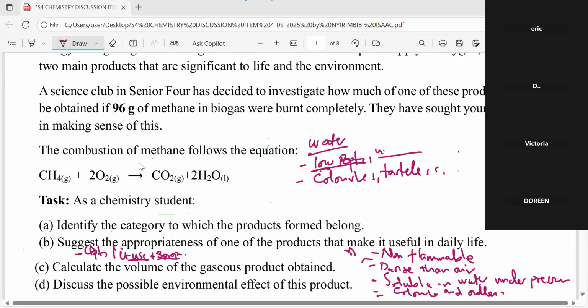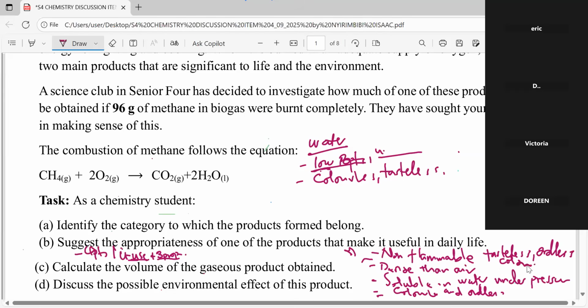Carbon dioxide does not support burning, therefore it is used in fire extinguishers to put out fire. Carbon dioxide is tasteless. Carbon dioxide is odorless. You're supposed to give 4 properties and you have given 3. And carbon dioxide is colorless.